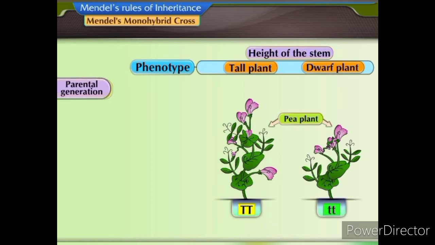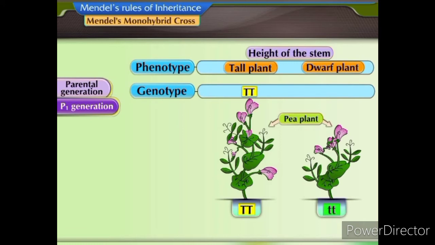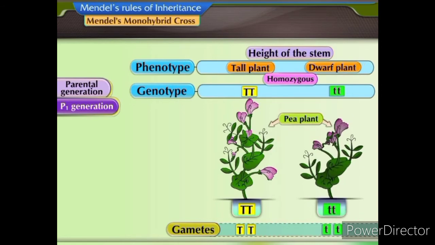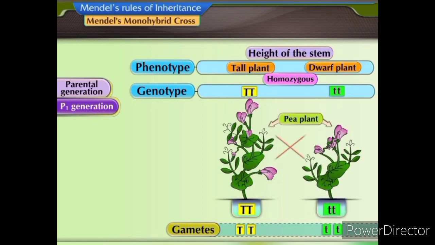The parental generation, P1 generation, has the genotype TT for a pure tall parent plant and tt for a pure short, that is a dwarf plant. Both the parents are homozygous, having one type of gamete each, that is T from tall parent and t from dwarf parent. These two plants are crossed with one another.